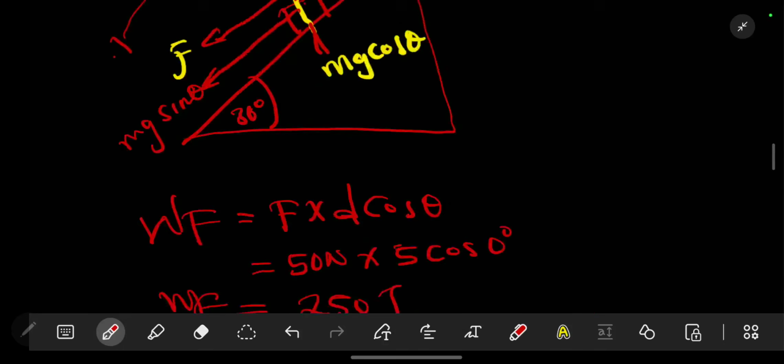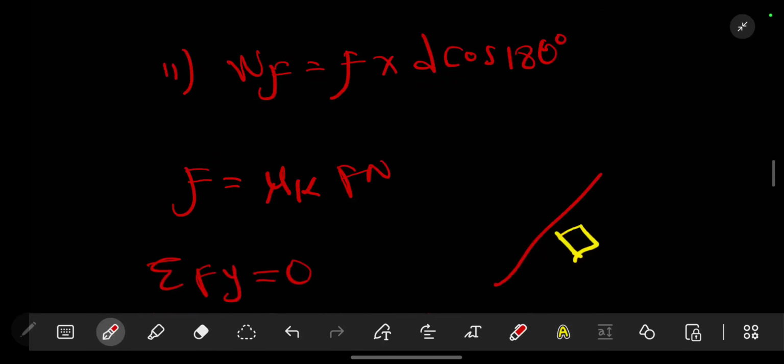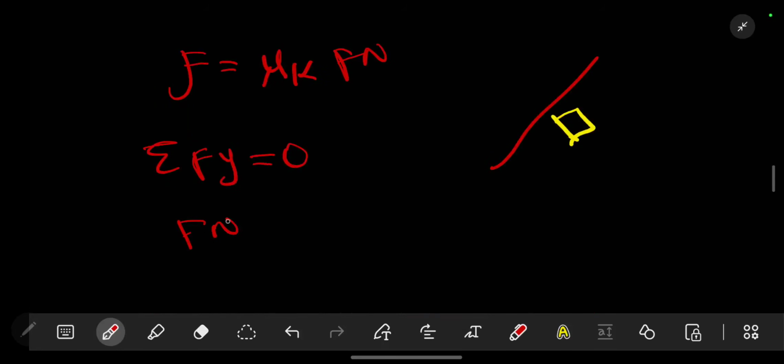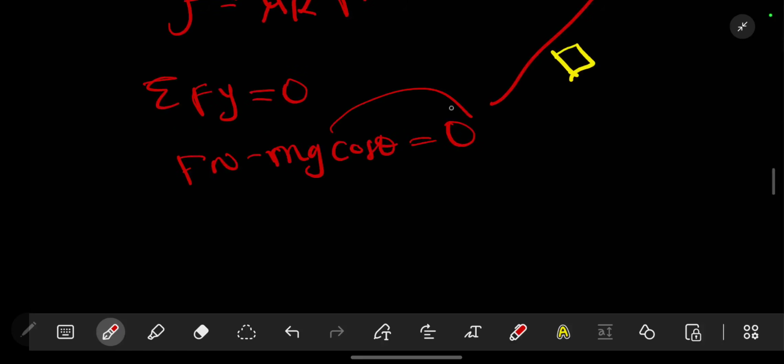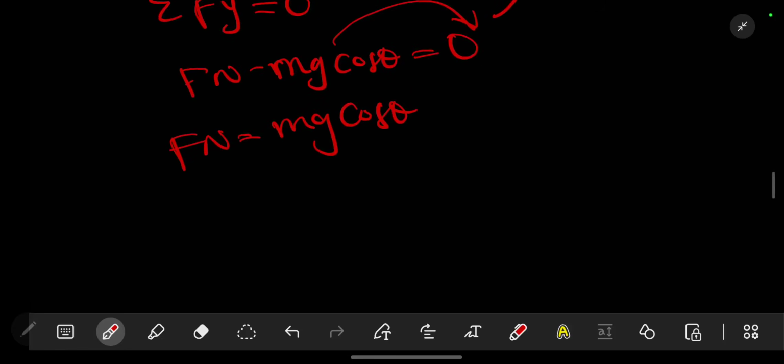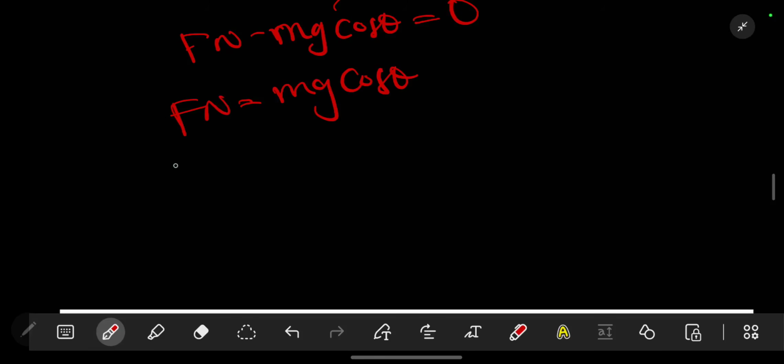Now which forces are those? The normal force is pointing up, so we say the normal force minus the mg cosine of theta is equal to 0. So the normal force will be equal to mg cosine of theta. This is the formula we're going to use.